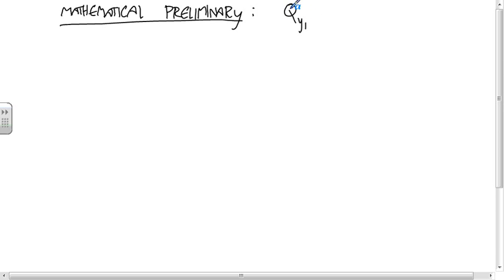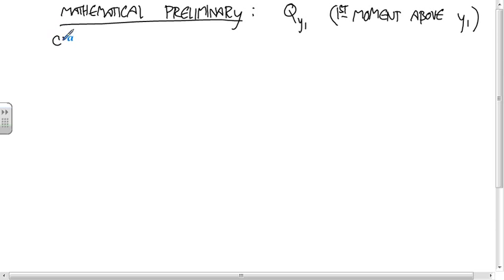So this Q refers to the first moment above the line y1.